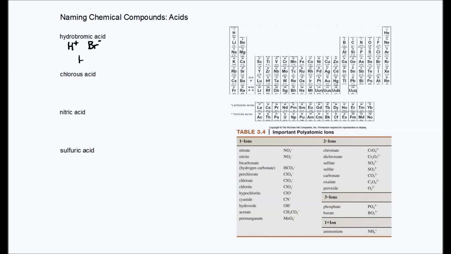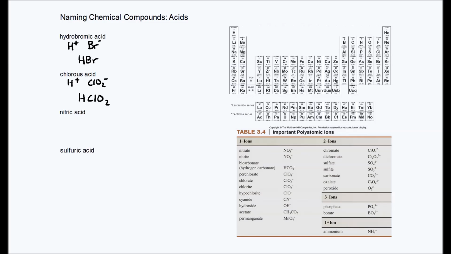Crossing charges, HBr. Chlorous acid. Oh, okay, so no hydro. This is polyatomic. Chlorous, OUS came from ITE. This is chlorite. Chlorite is ClO2 minus. So I have the H+ because of the acid. I have the ClO2 minus because of the chlorite. And so this is HClO2.